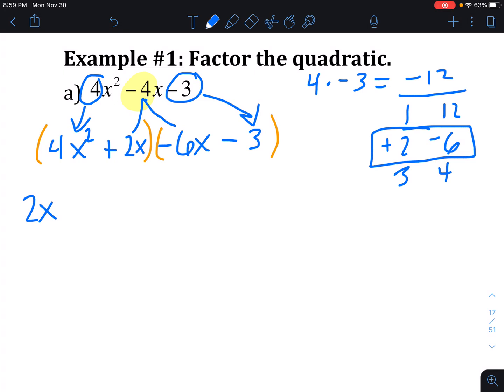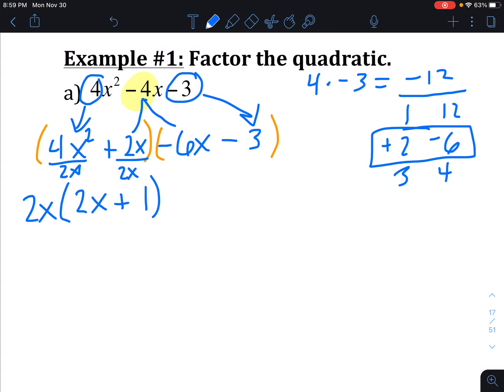If you need to review GCF, you need to pause this video and do so now. You will absolutely be stuck on this today if you have not mastered GCF. So then remember, we divide by what we took out. So this will be 2x plus 1.